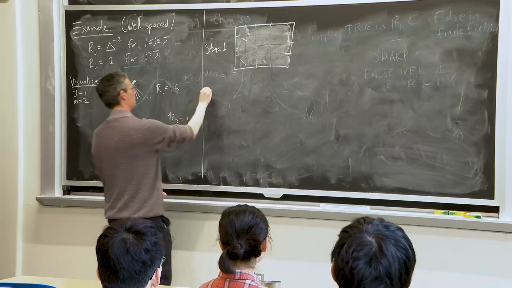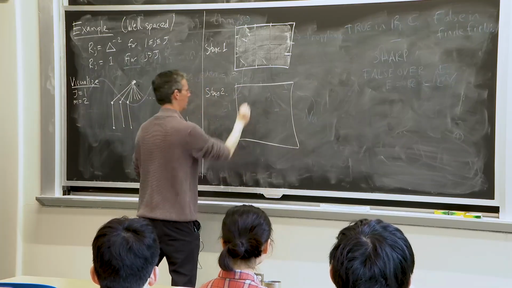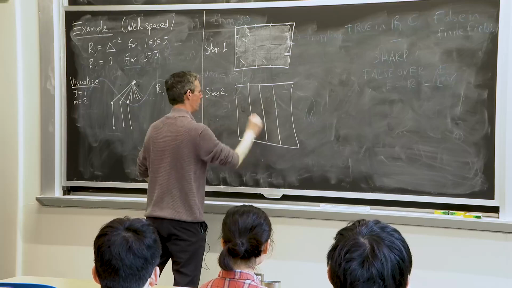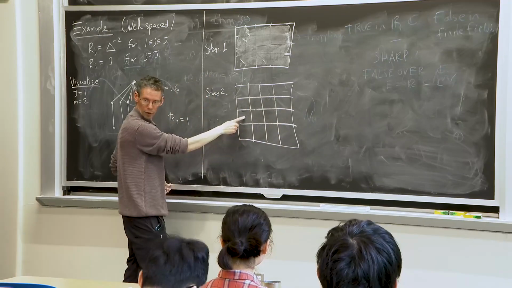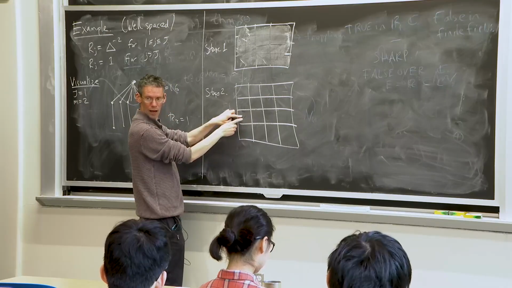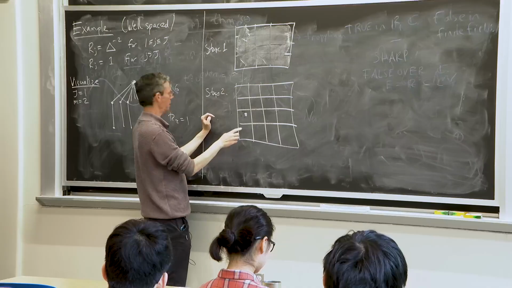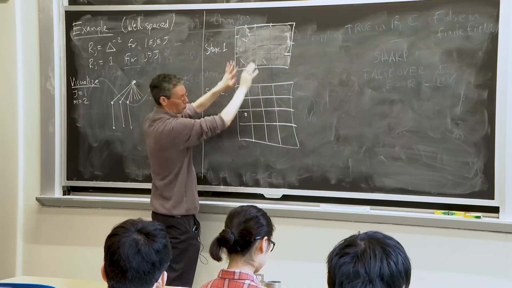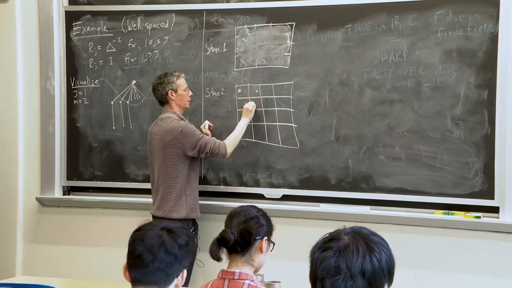OK, now at stage 2, I look inside each one of them. I cut that into 16 squares, a smaller size, and I pick one of them. And I do that in all the ones I selected at stage 1, which is all of them. So the set looks like this.